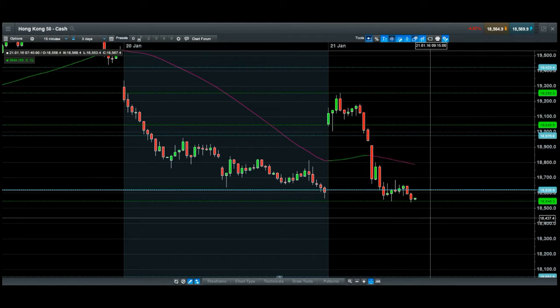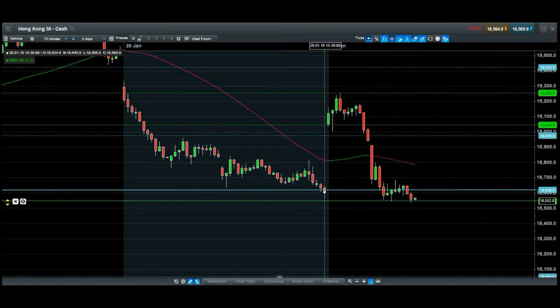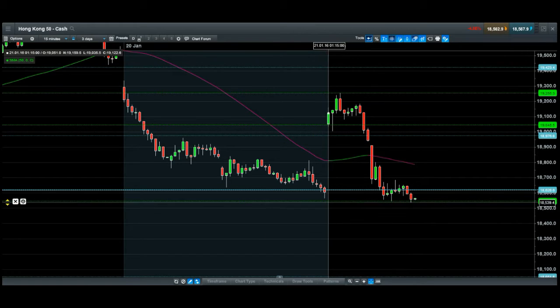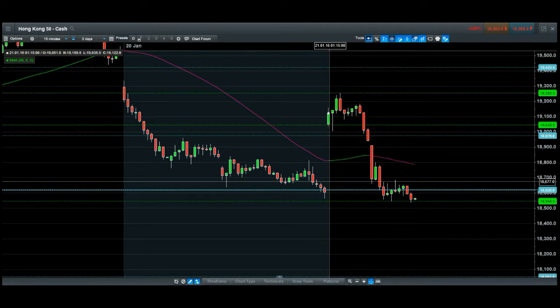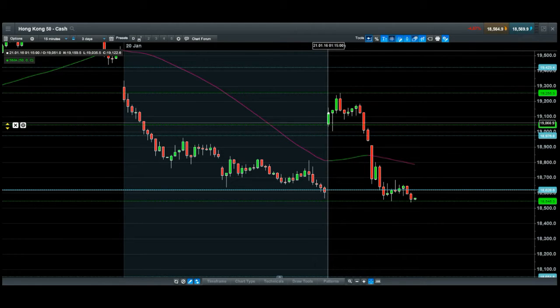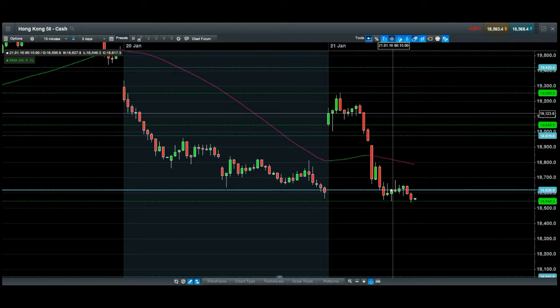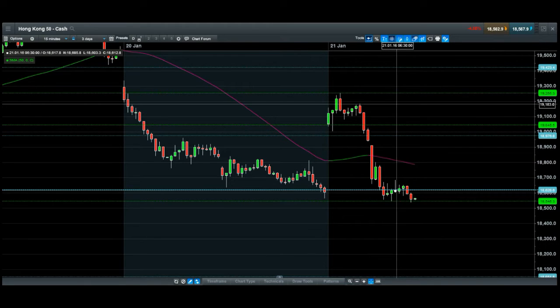Yesterday, Hang Seng Index actually dropped to the lowest level, 18,620. And then this morning, when Hang Seng Index opens, it bounces up strongly and hits the resistance level of the day chart, which is 19,255.